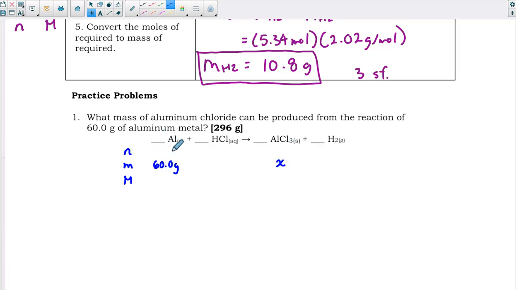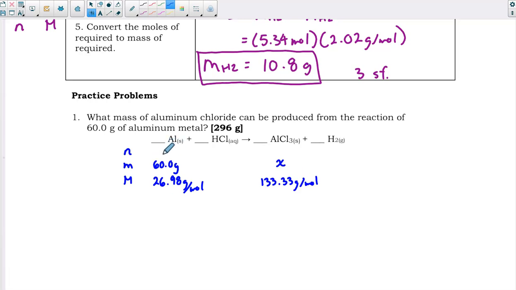Looking at the periodic table, our aluminum has a molar mass of 26.98 grams per mole. Our aluminum chloride has 1 aluminum plus 3 chlorine. So that is going to be 133.33 grams per mole. So you can sort of see the process right now.